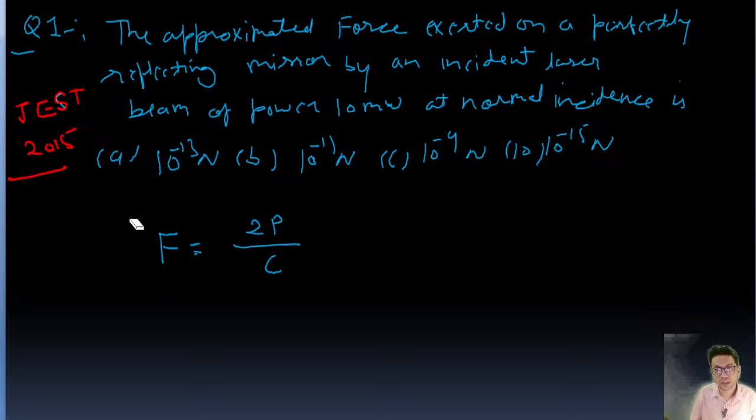Okay guys, this F is 2P upon c, or in case of a perfectly absorbing object, the force exerted is going to be P upon c. These are formulas for normal incidence of light.